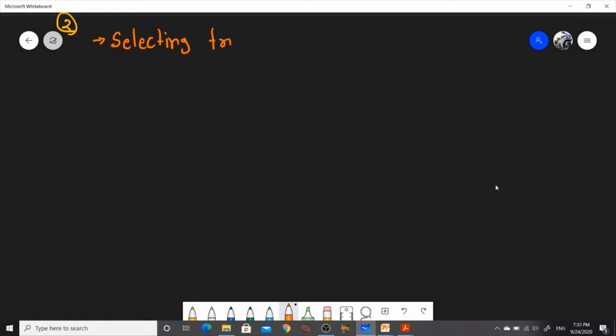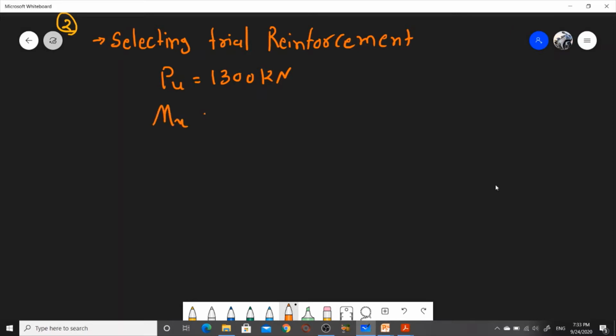For trial reinforcement, we have PU, the axial force, which is 1300 kilonewton, and we have MUX and MUY. So we have the equation for MU: 1.15 under root MUX square plus MUY square.